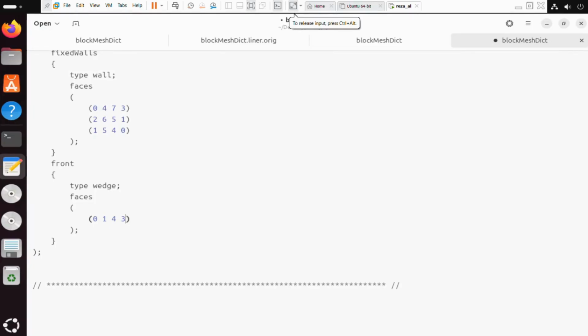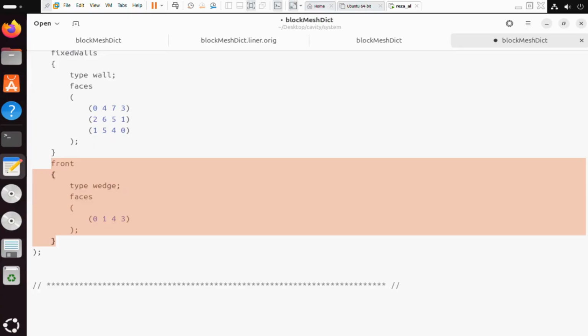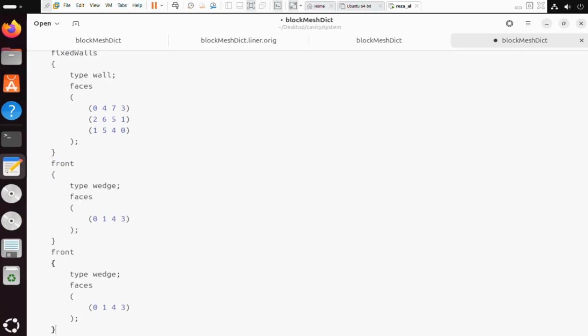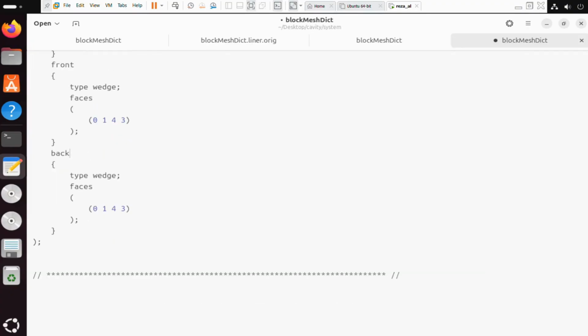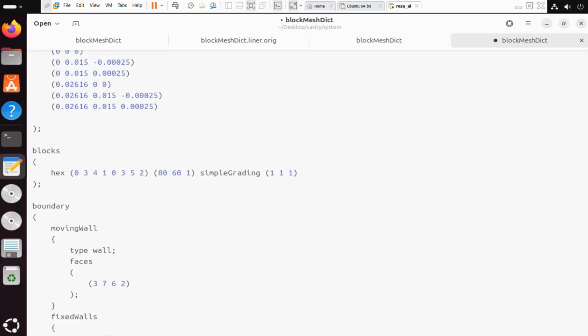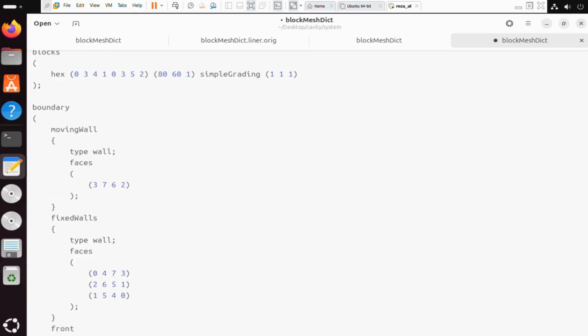Okay, so we will use the same for the back. Same, but the same type, and the back will be 0, 3, 5, 2. That's it. Then we need to make boundaries for other faces as well.